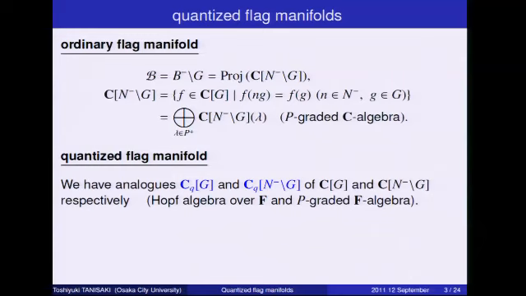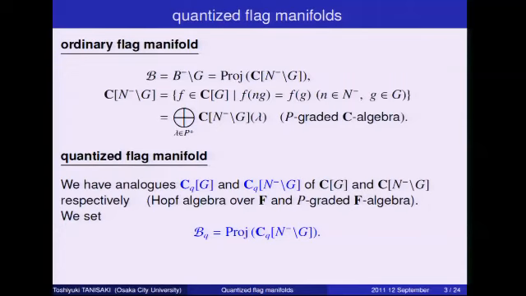We have a ring of functions on G, C[G], and there is a natural q-analog of this algebra, a Hopf algebra. It is defined as the dual to the quantized enveloping algebra. And we can define naturally a subalgebra of this algebra, and it is a P-graded F-algebra. So we can define the quantized flag manifold B_q, I write it as B_q, as the Proj of this P-graded ring.